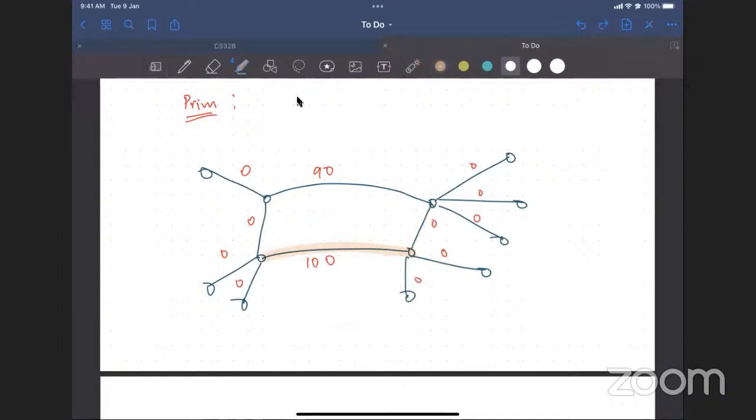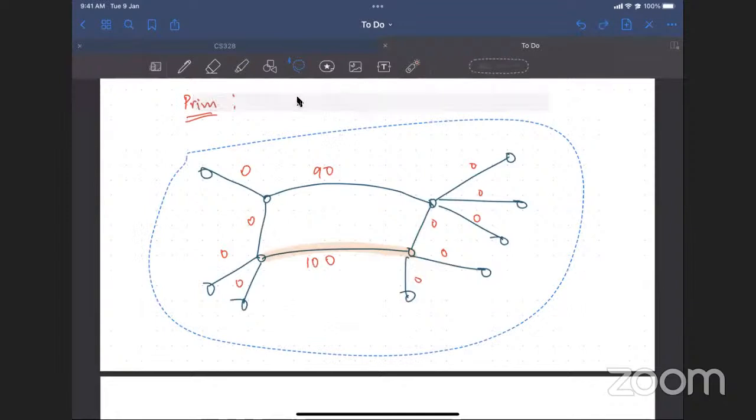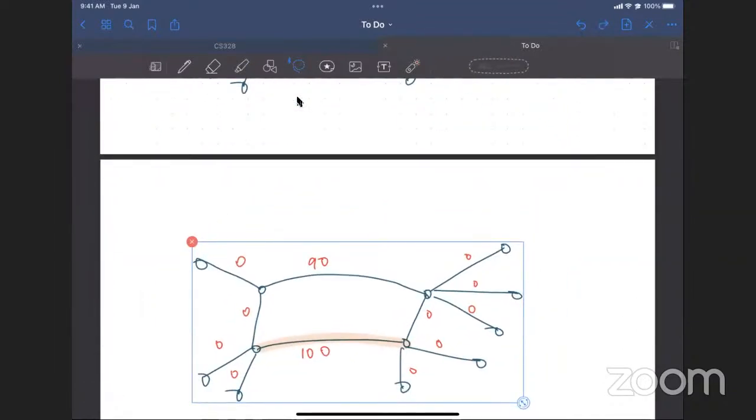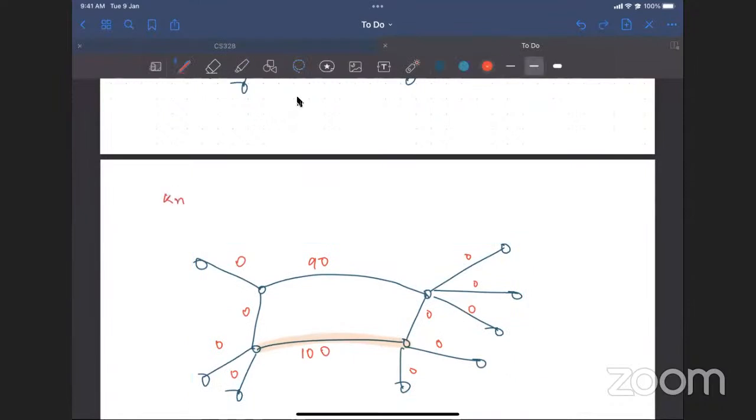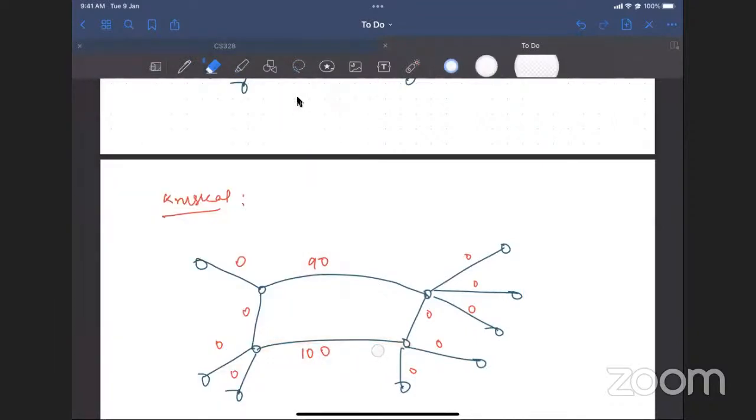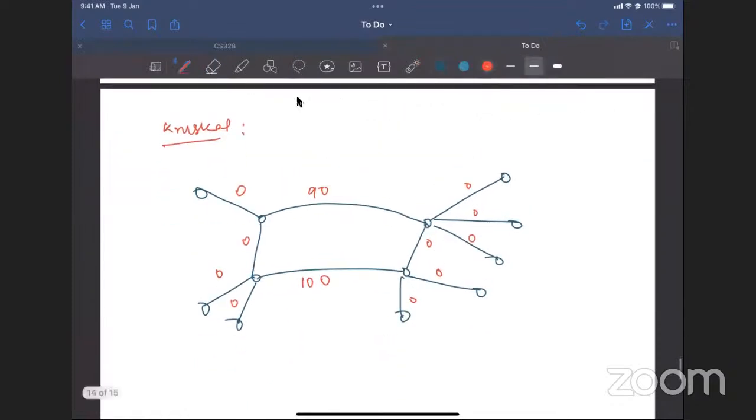But if I do the same for Kruskal's algorithm, I'll just take this edge and then this edge, and I cannot connect them further because I'll get a score 0.